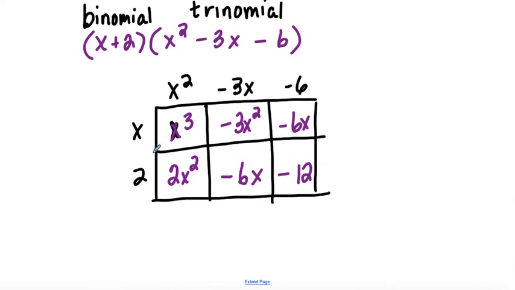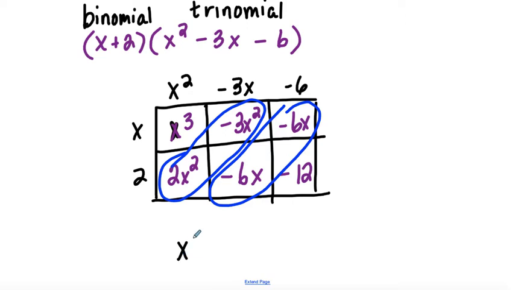All right, now we've done the multiplication, so now we have to add the like terms. So we're going to add these guys, and we're going to add these guys, rewriting our polynomial as x cubed. Combine these two, it's going to give me a negative x squared. Combine these two, that's going to give me negative 12x, and then we have minus 12.